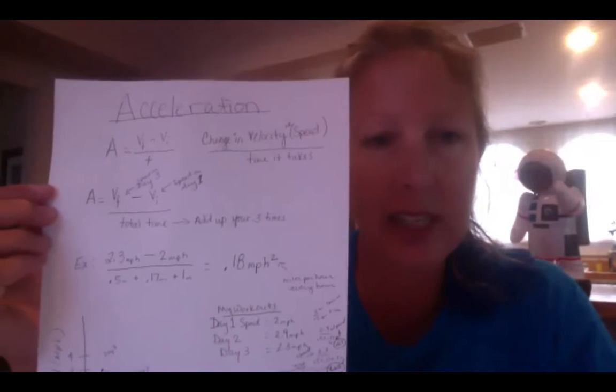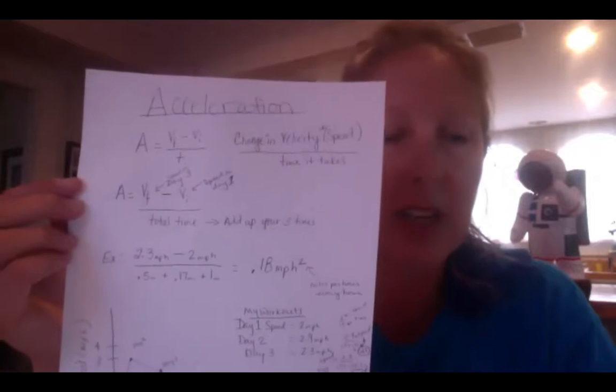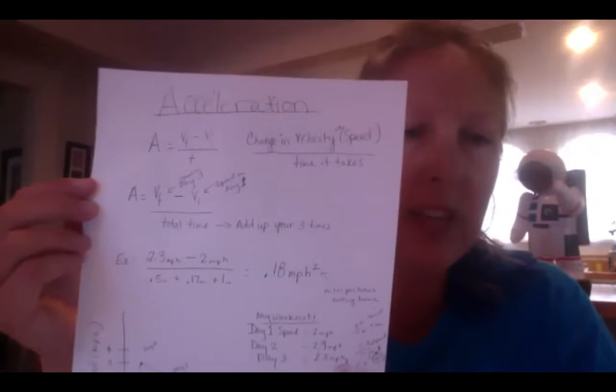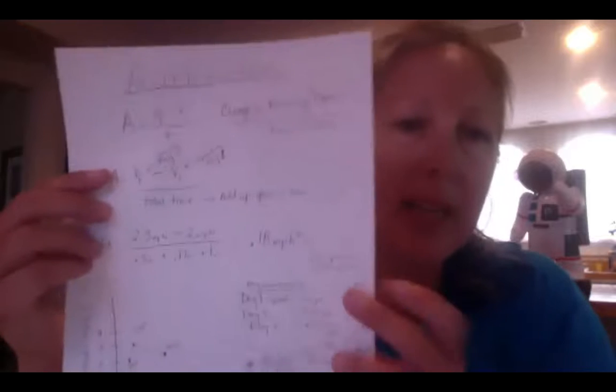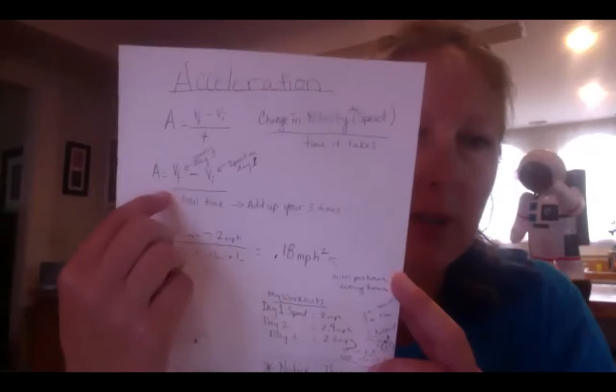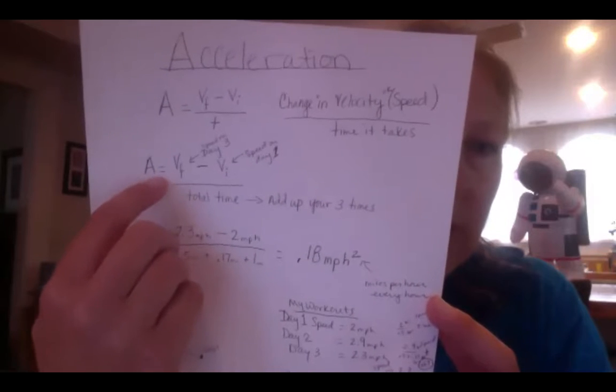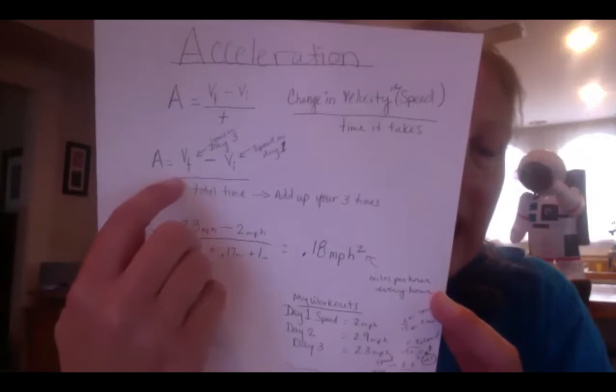So really, technically, this is change in speed over time. But the equation is the same. And it's just written this way with V instead of S. Okay? But basically, your V's are going to be your speeds. And so VF is going to be your speed on day 3.